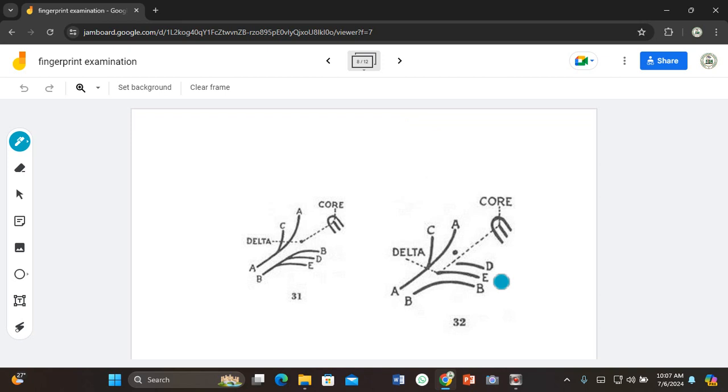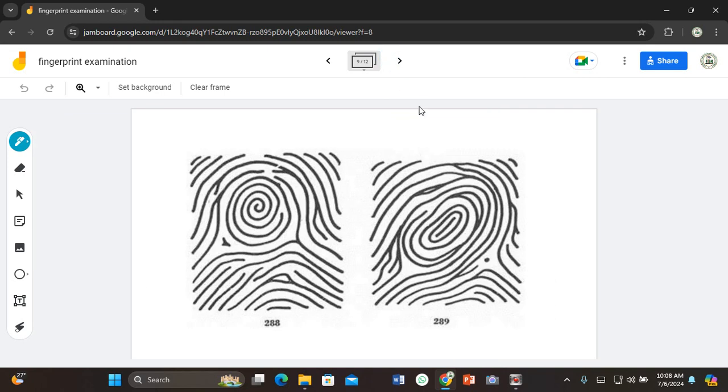And that ridge count is one of those important things that we use in differentiating two fingerprints that are of the same group, where you have loop or whorl, and you want to differentiate them. One of the most important things we use is the ridge count. The ridge count is gotten by counting the number of ridges between the delta and the core.